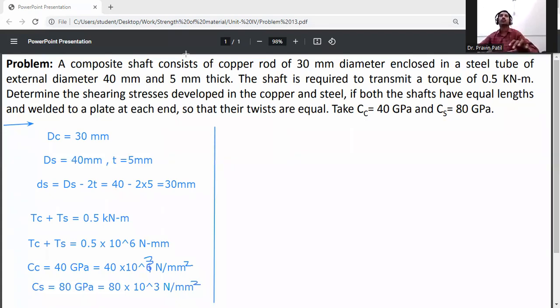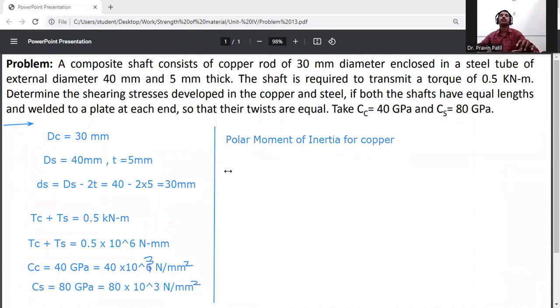So first of all, calculate the polar moment of inertia for copper.